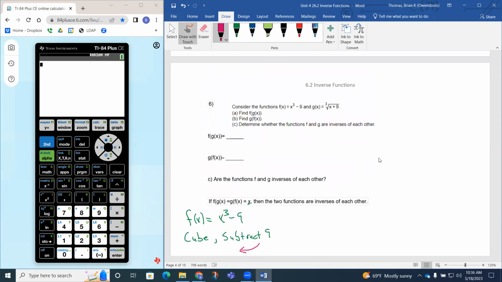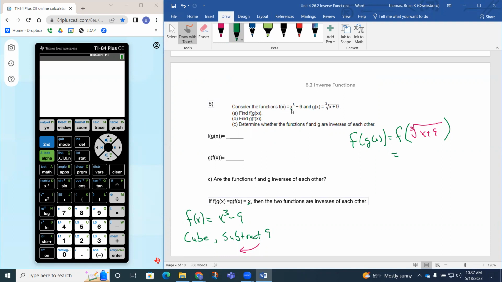But if we want to go ahead and just verify this, if I want to evaluate f of g of x, so we have f of, and then g of x is actually this cube root of x plus 9. So what happens is the cube root of x plus 9 is going to go into the f function for x.